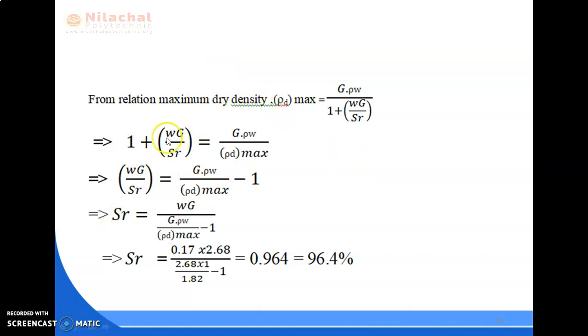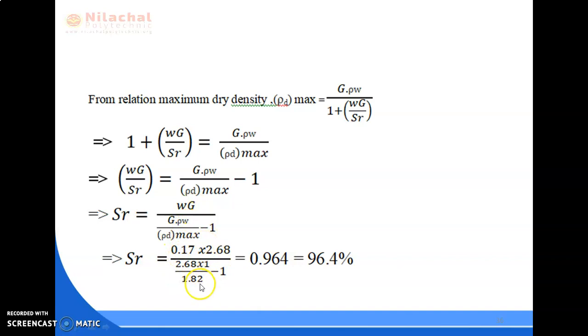By cross multiplying, we keep 1 plus wG by Sr on the left side and G rho w by rho d max on the right side. Again wG by Sr equal to G rho w by rho d max minus 1. We take this to the right side. So finally Sr equal to wG by (G rho w by rho d max minus 1).